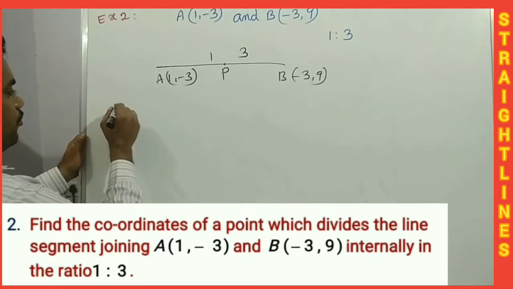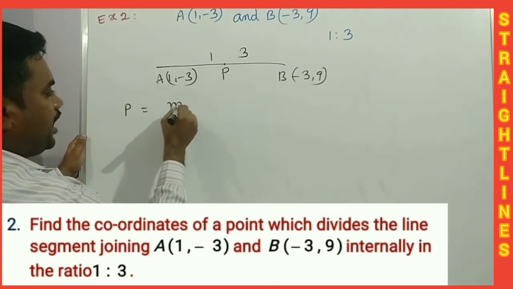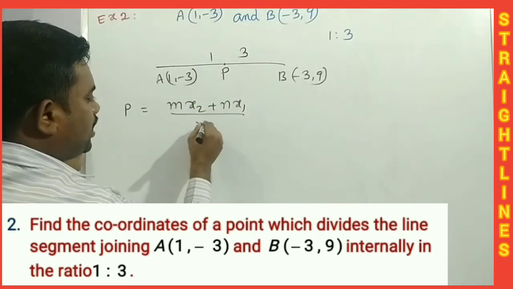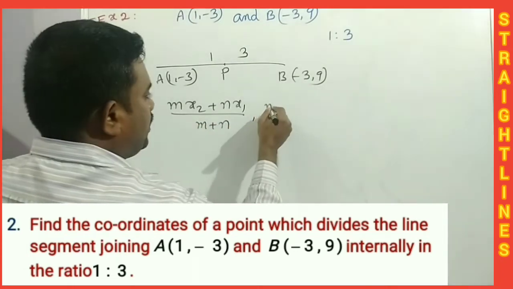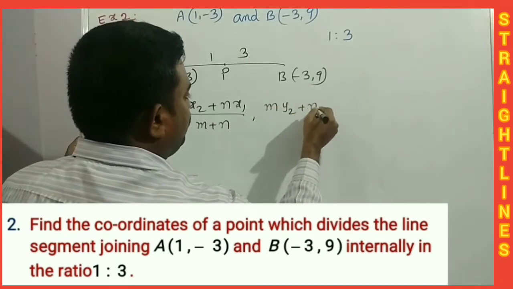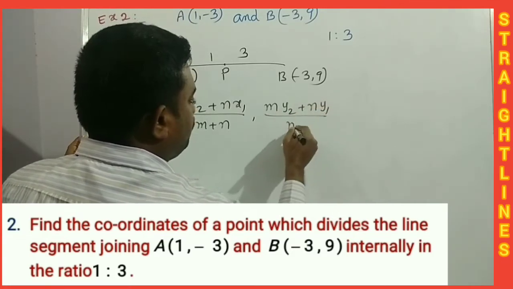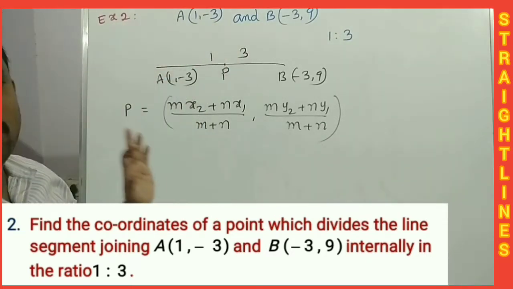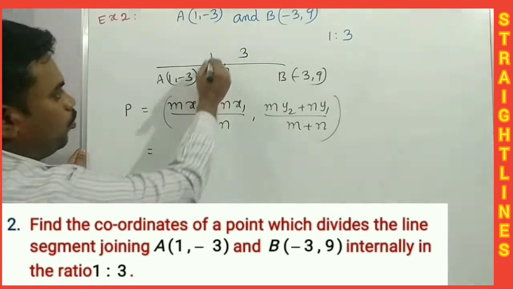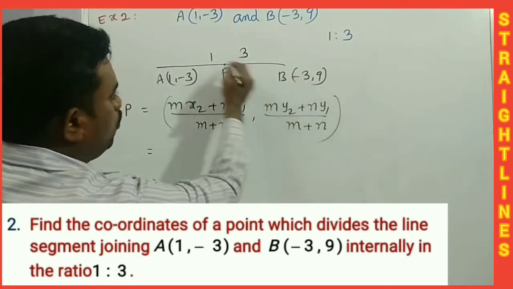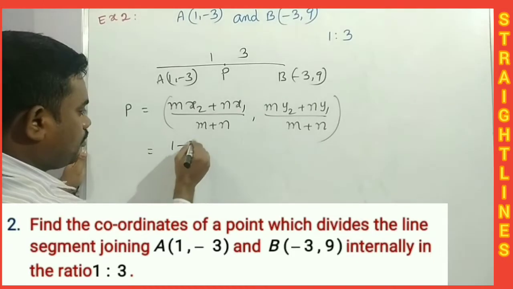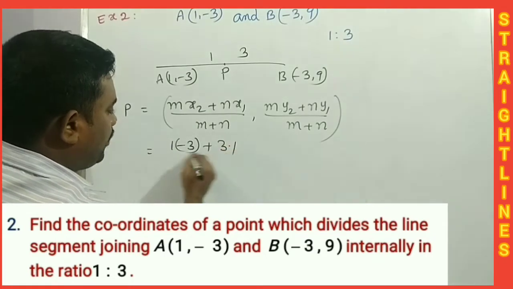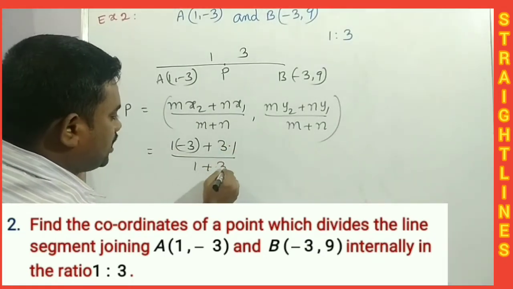Then the coordinates of P equal to, what is the formula here? (mx2 plus nx1) by (m plus n), comma (my2 plus ny1) by (m plus n). Here m equal to 1 and n equal to 3. Now it is 1 into minus 3, mx2, plus nx1, 3 into 1, by m plus n, 1 plus 3.